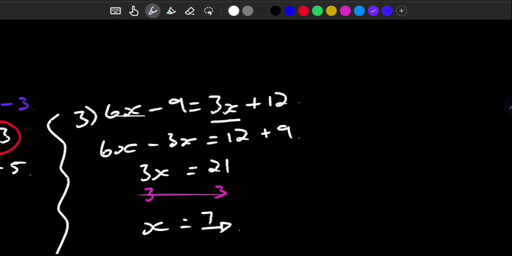So in the place of x you put 7, so it's 6 times 7 there, minus 9, right? 6 times 7 is 42, yes, 42 minus 9 is 33.